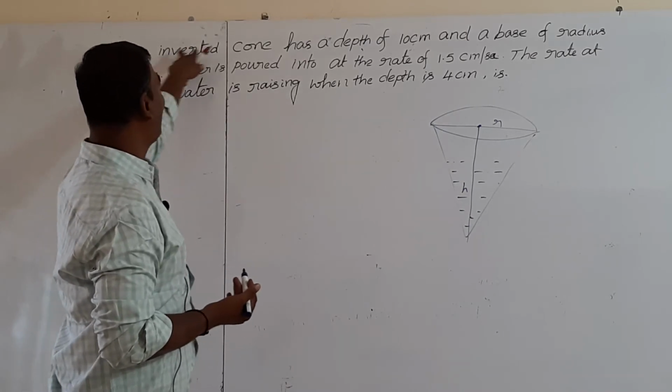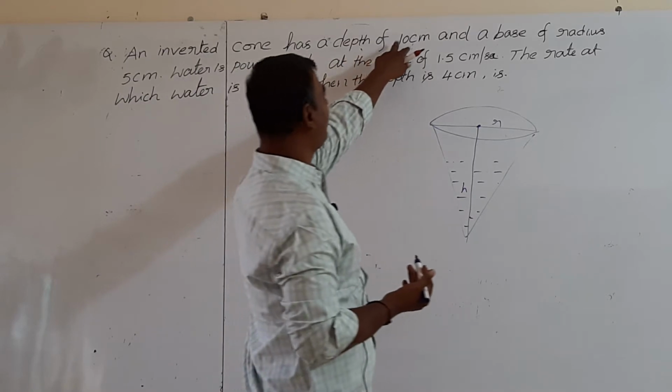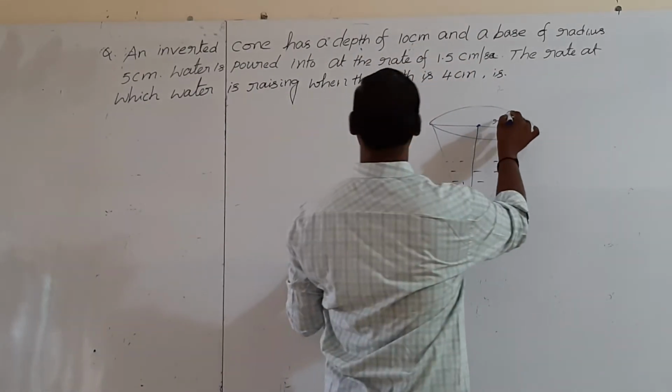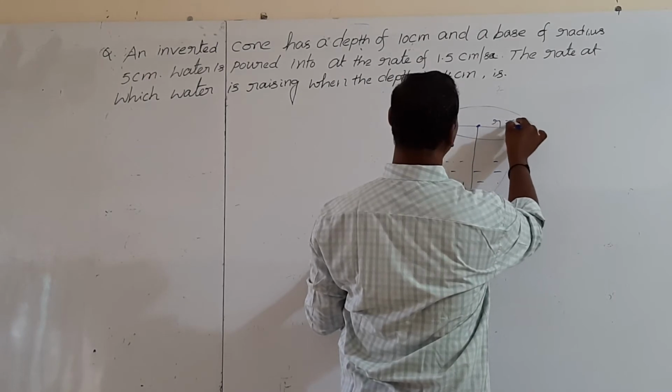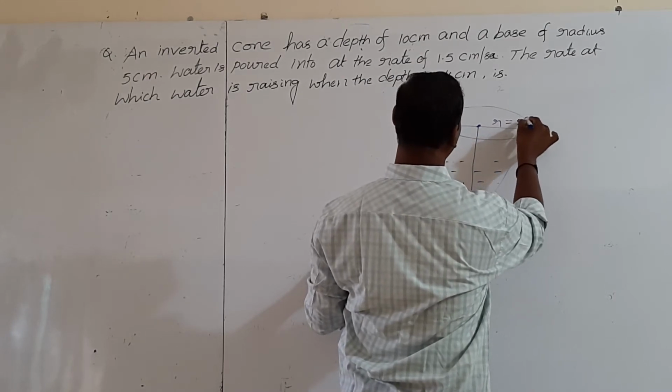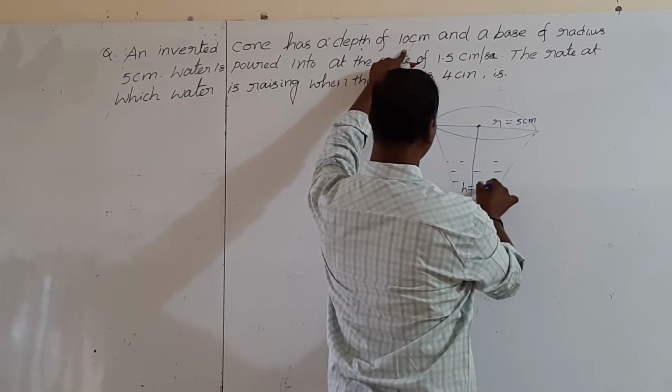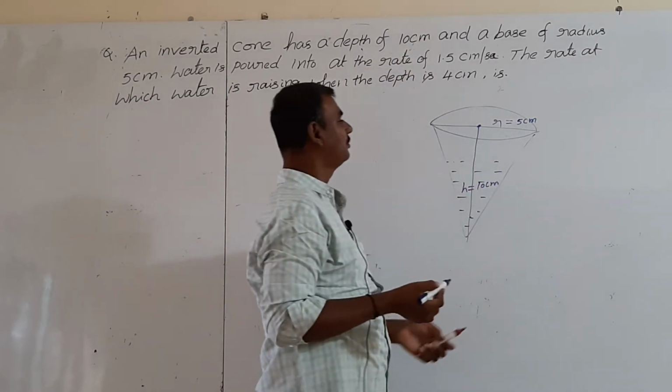An inverted cone has a depth of 10 centimeters and a base radius. So this is the height. Base radius r is equal to 5 centimeters and height h is equal to 10 centimeters.